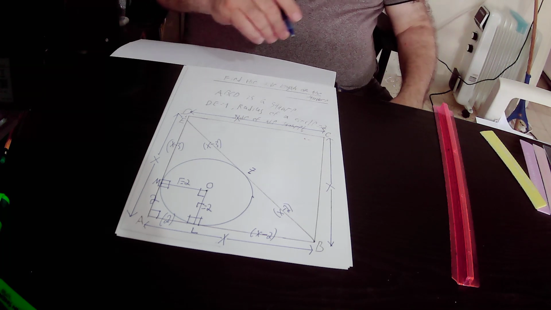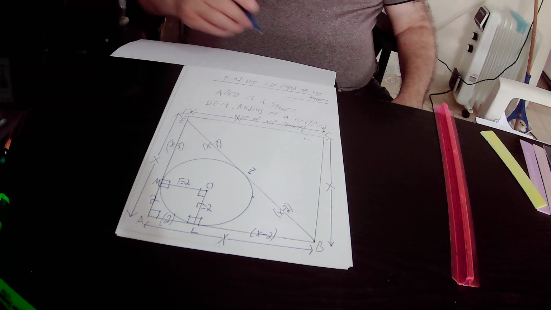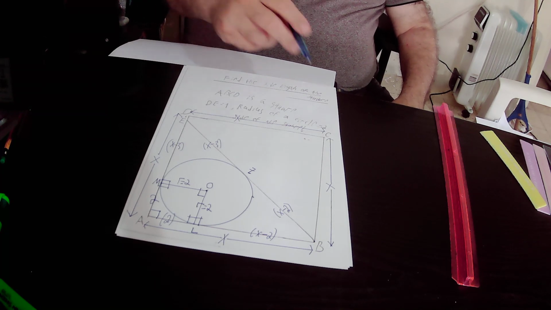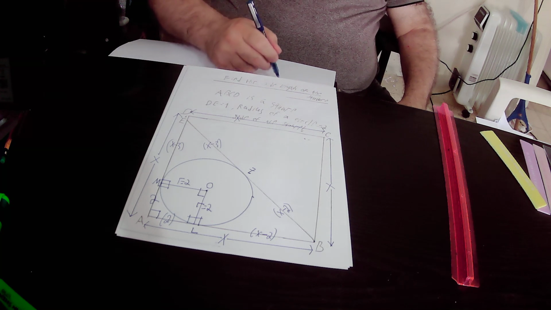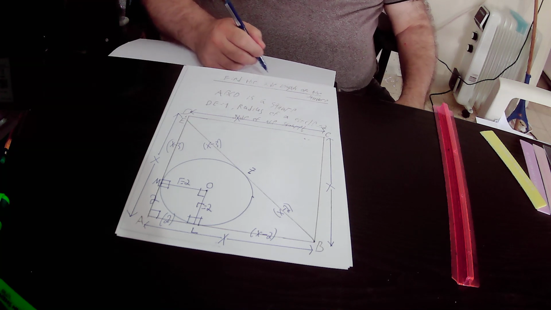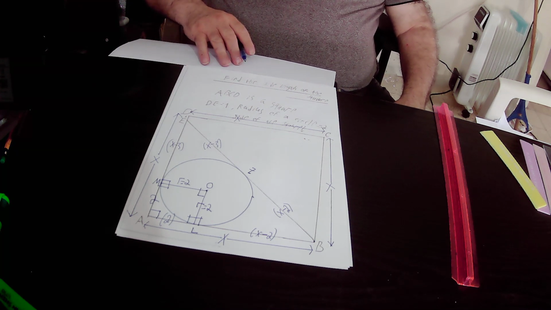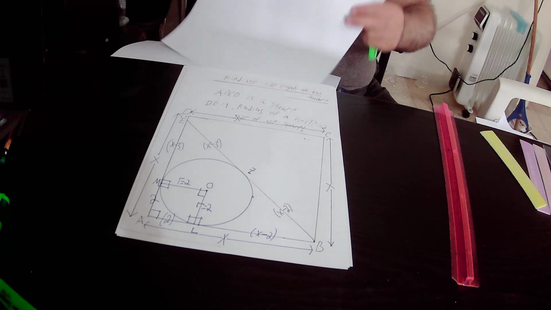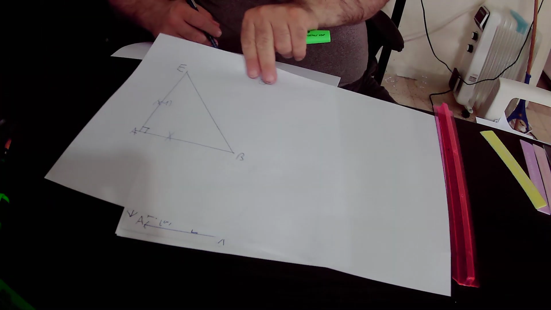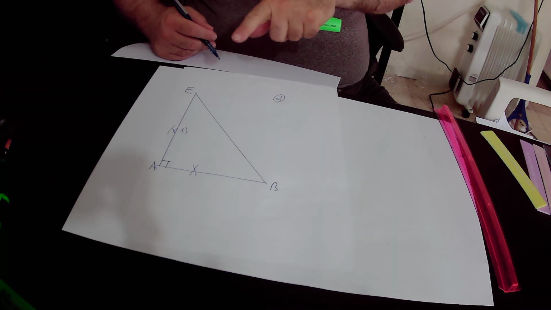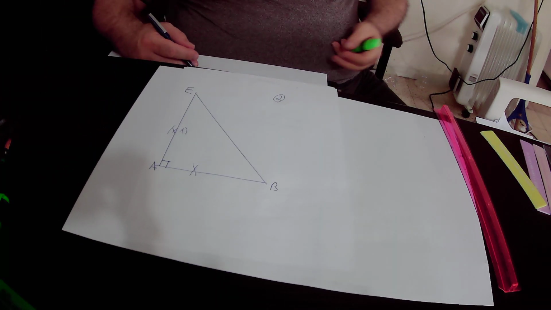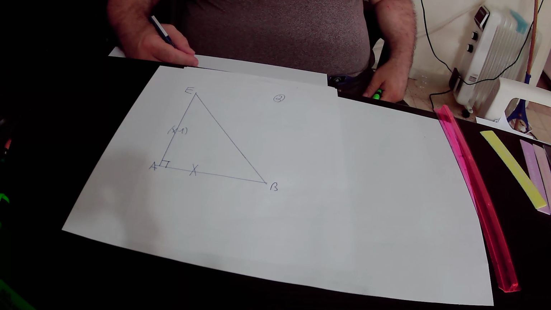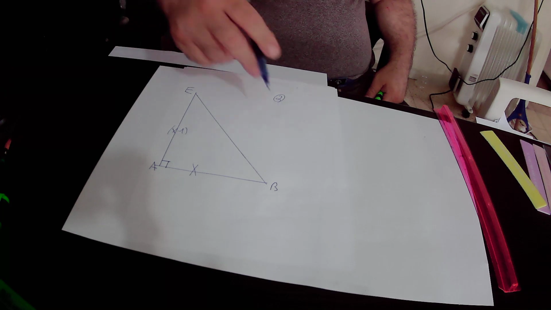We have already found out that EA equals x minus 1, AB equals x, so this is the right triangle EAB that I copied from the original drawing. So what is the length of the hypotenuse EB?